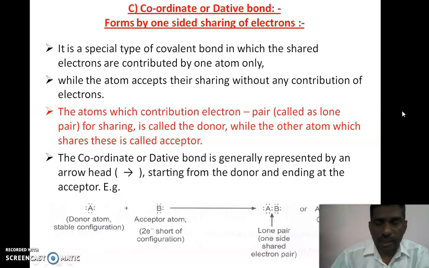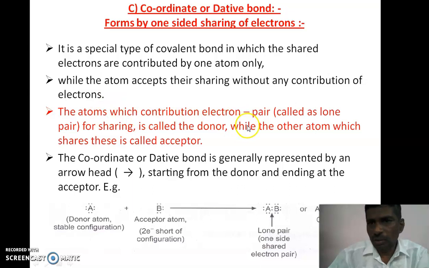The coordinate bond or dative bond is formed by the one-sided sharing of electrons. It is a special type of covalent bond in which the shared electrons are contributed by one atom only, while the other atom accepts the sharing without any contribution of electrons.